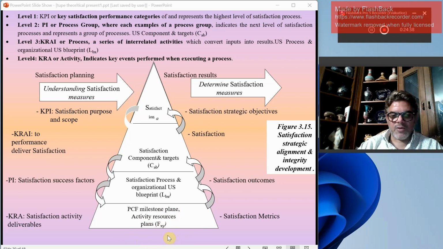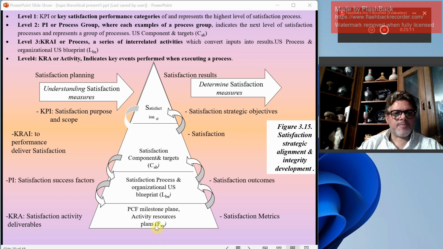Now, I took the apqc.org PCF, which is really magnificent and widely distributed across day-to-day processes or different sectors of industry. Okay.